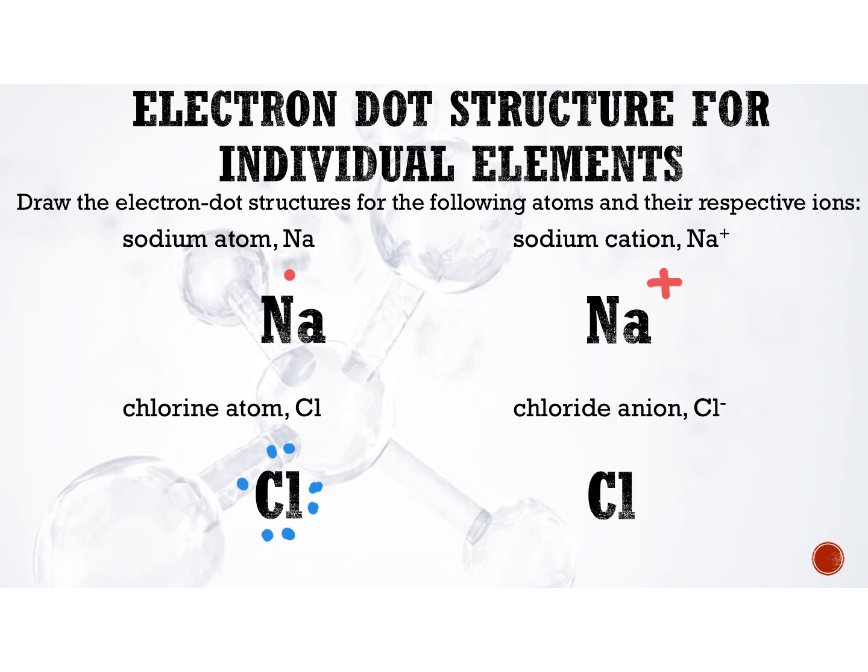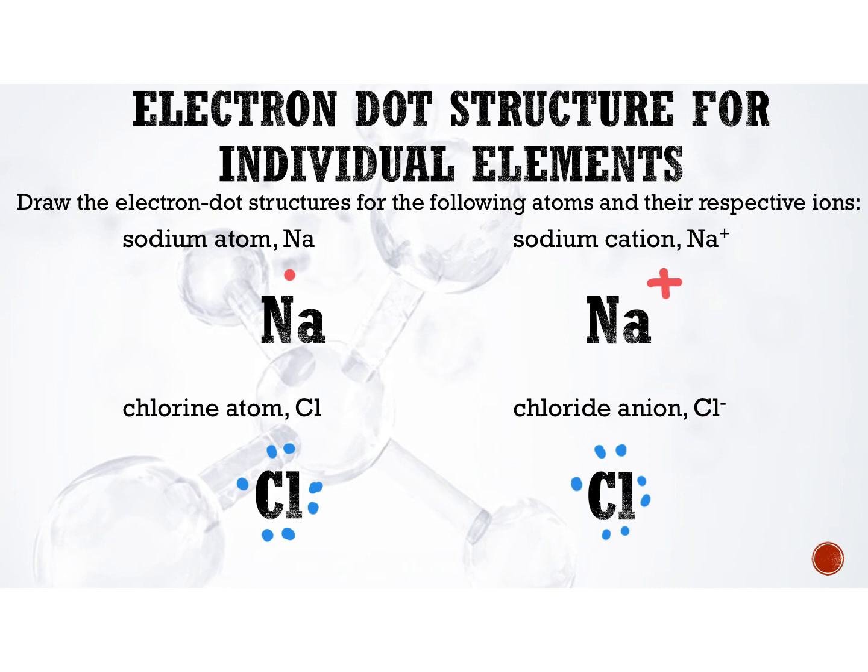We know that it's going to gain when it becomes ionized. So I'm going to go ahead and start where we left off here, drawing it exactly as we had it. Okay, so that's how many it started with.